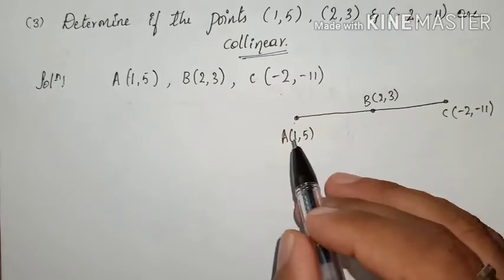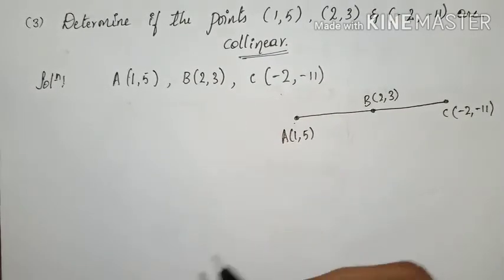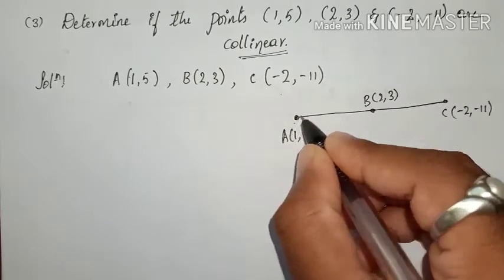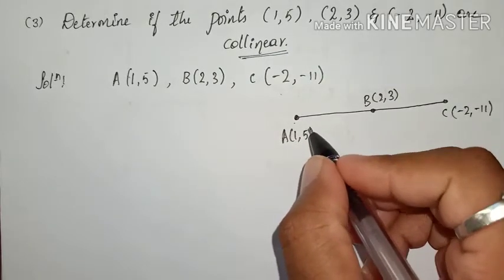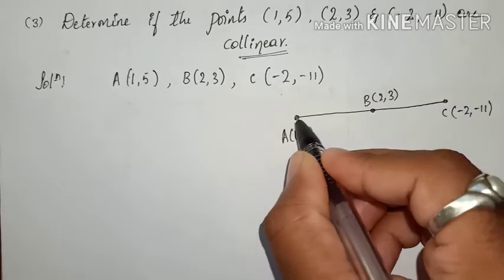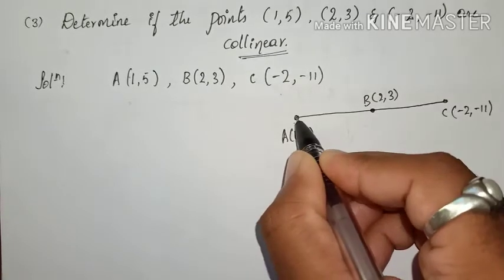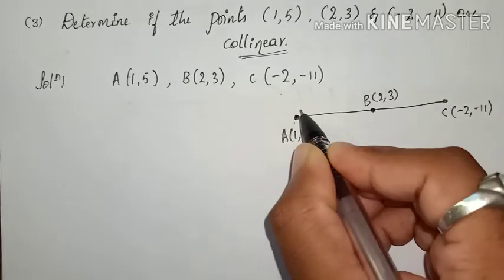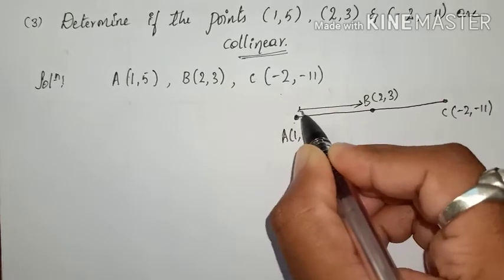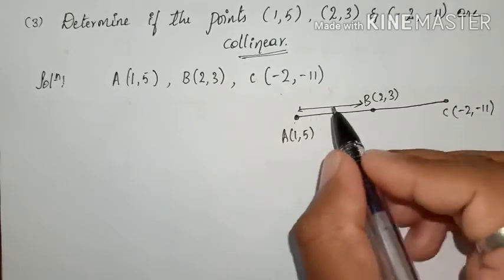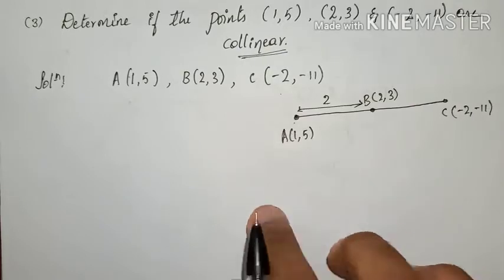Let me give you an example, because we only know how to find out the distance between 2 points. Let me take these 2 points. What is the distance between these 2 points? For example, I'm just taking an example, think it is 2.